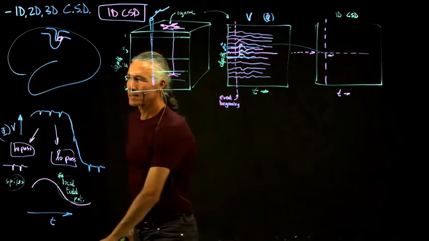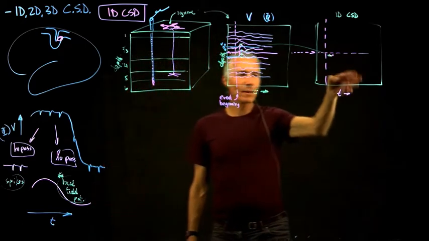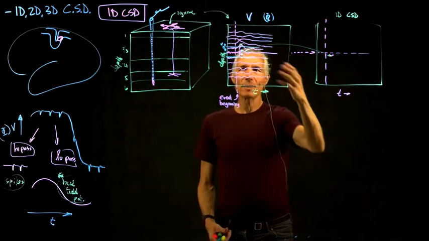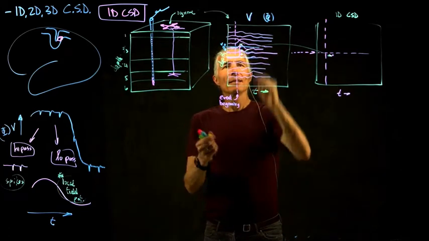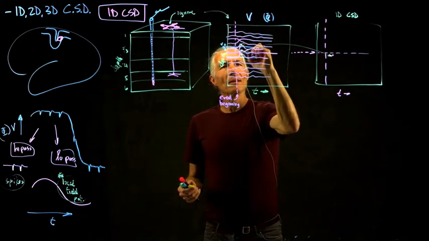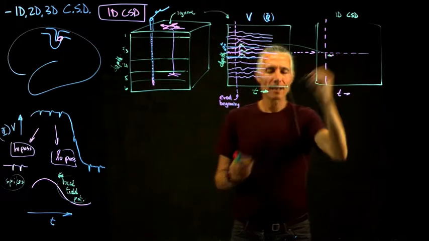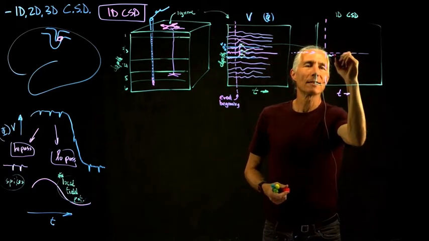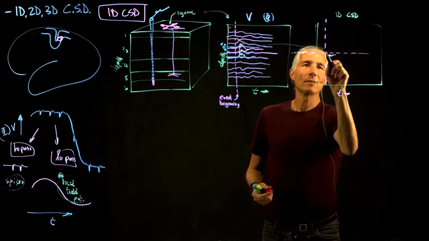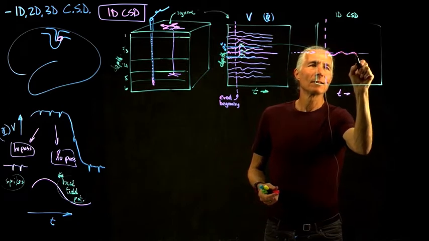So notice it doesn't depend on time. So how do we calculate the next one? Well, we just go to a slightly later point in time, get those numbers, and then we get another number for the current source density. So what will happen is you'll end up with some other little wave like that.